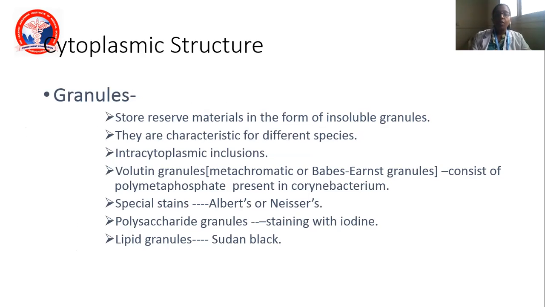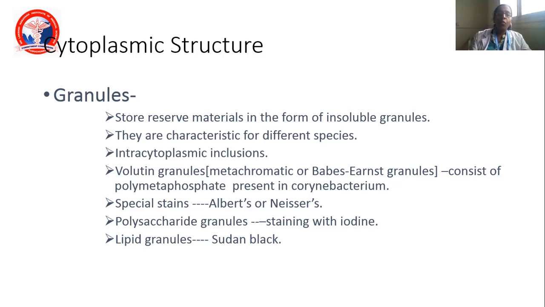One common example is volutin granules, which consist of polymetaphosphate, present in Corynebacterium. The special stain is Albert's or Ralph's. Polysaccharide granules usually stain with iodine, and lipid granules stain with Sudan black.